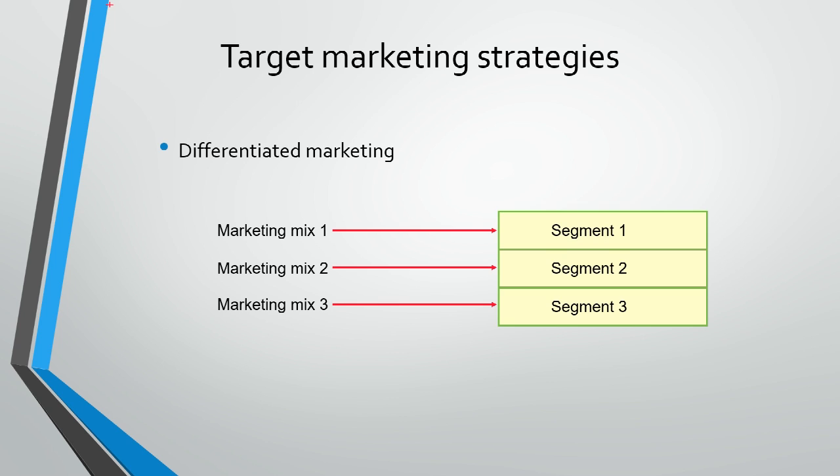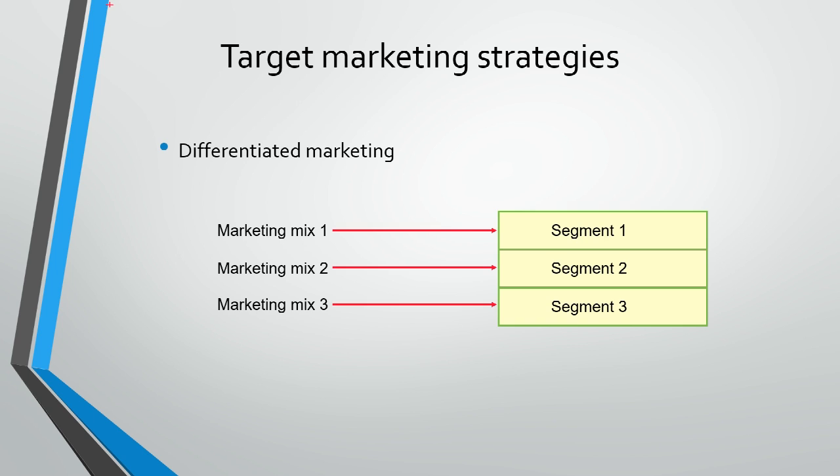And then the second strategy, the differentiated strategy. This generally happens in large companies. It means that a company provides different products and corresponding marketing strategies based on each segment's characteristics.